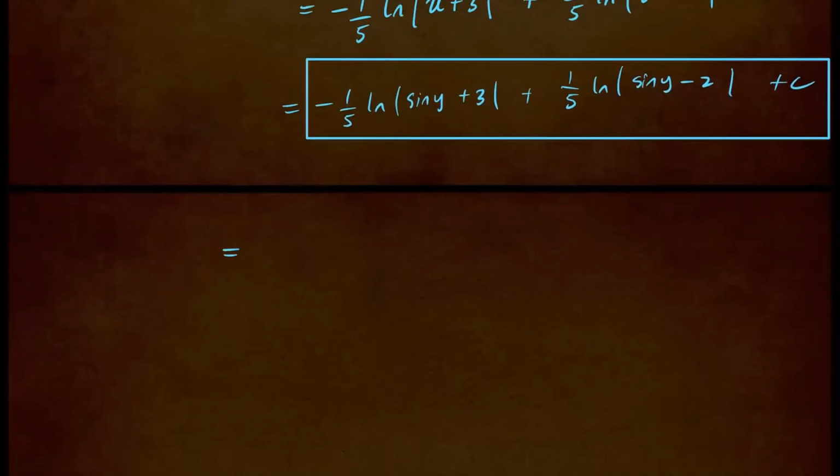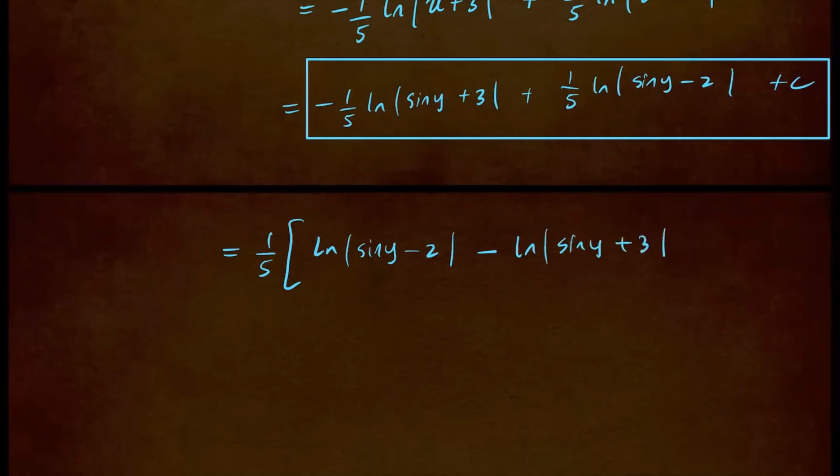Rewrite. I can pull out a 1/5. So you have 1/5 times, now since this has a negative, I'm going to let that come second. I'll rewrite the positive term first. So you have ln of sine of y minus 2 first, and then minus ln of sine of y plus 3, plus C. Since I see a subtraction between two logarithms, by the laws of logarithms that turns into a division.